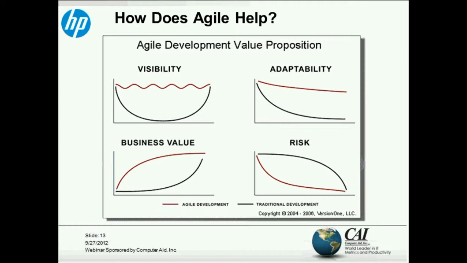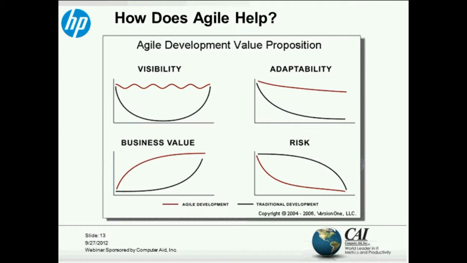It provides an increased level of adaptability. It provides an increasing level of business value, as opposed to only providing business value at the end, which you achieve in a conventional project. And it also provides a decreasing risk level.